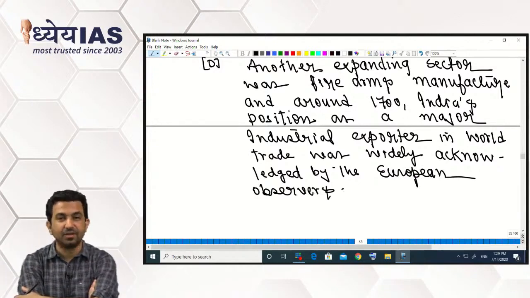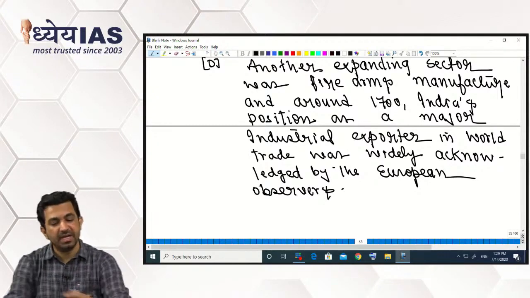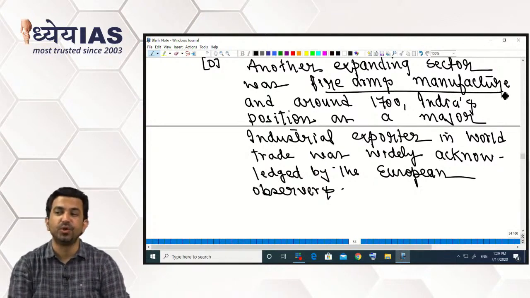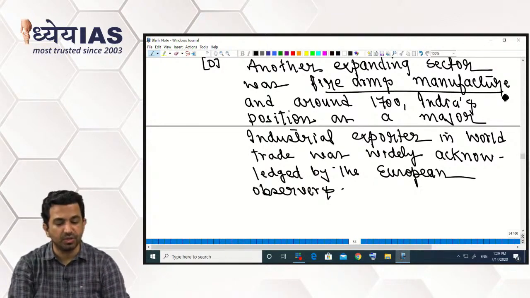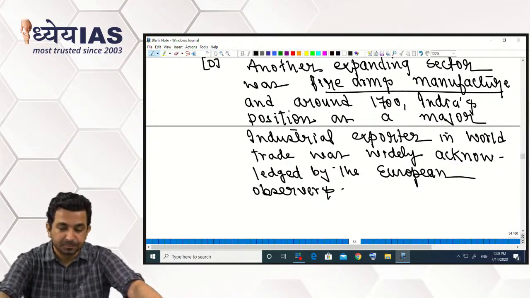So, in firearms manufacture, India was a leading producer and exporter of varieties of guns. And guns here means heavy guns like artillery, top, topkhana, artillery.